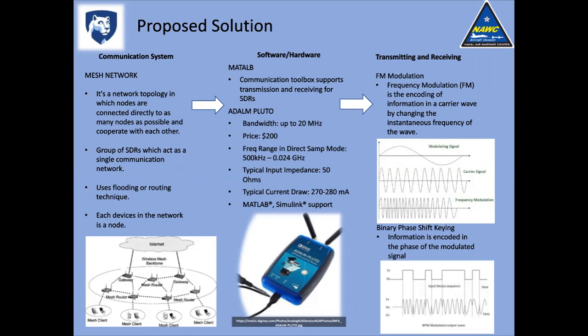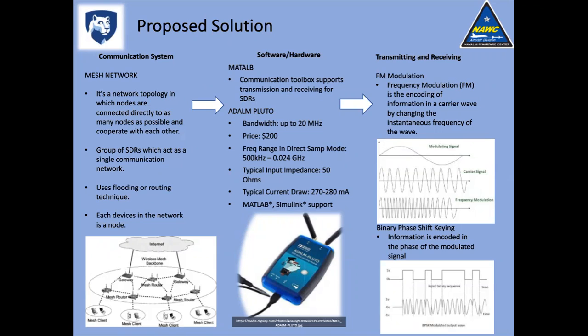In this network, each node is connected directly to many other nodes, which operate as a direct link path between different nodes, and each node is an SDR, so it finds the shortest path from a starting point to an endpoint. If there's a broken path, it finds the second shortest path to the final destination by using a self-healing code.